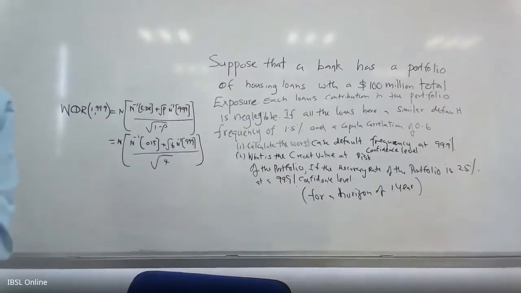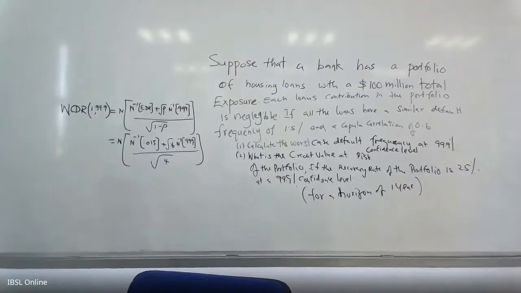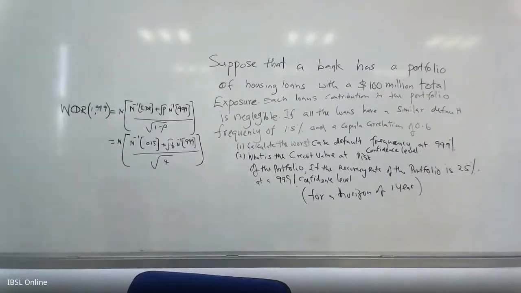When you locate it, you can see the row number. In the row, it is minus 2.1, and the column is 0.07. So therefore the answer is minus 2.17. So the inverse normal of 0.015 is minus 2.17.